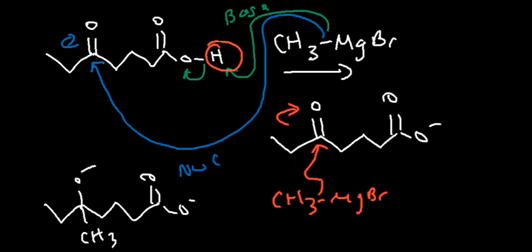And then you can add H plus at this point too. Now the Grignard can also reduce the carboxylic acid if there's no more acidic hydrogens as well. So keep that in mind. But the ketone is more reactive than the carboxylate ion, because this oxygen, an O with a negative charge, is a very, very bad leaving group.